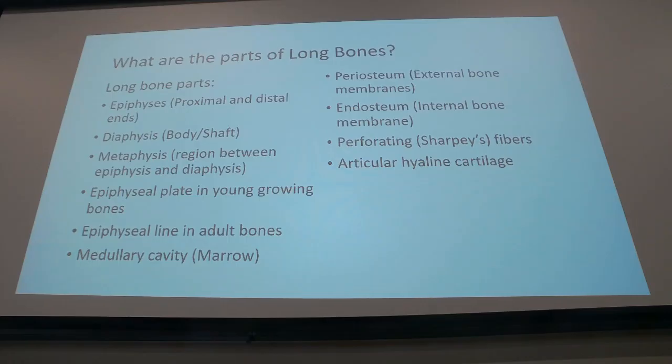These epiphyses are the endings, and they are located at the ends of the diaphysis, the shaft of the bone, the main part of the long bone. The region between the diaphysis and the epiphysis is very thin. That region is called the metaphysis.